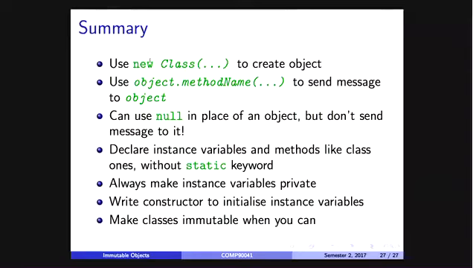So you should write a constructor that provides enough information to initialize all the variables the way you want them. And then, as I say, you should make your classes immutable if at all possible.